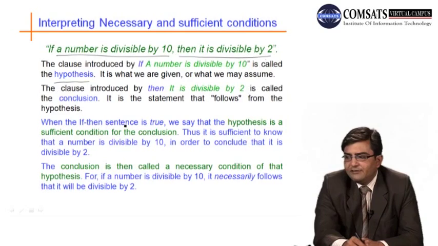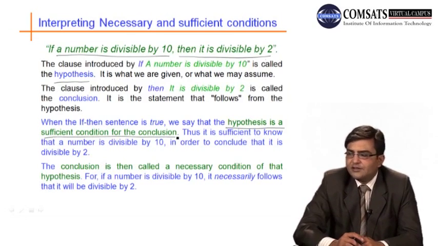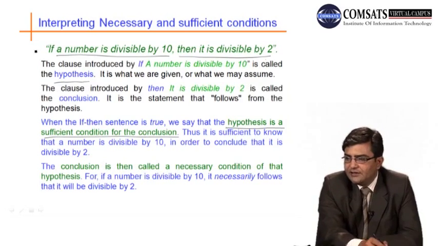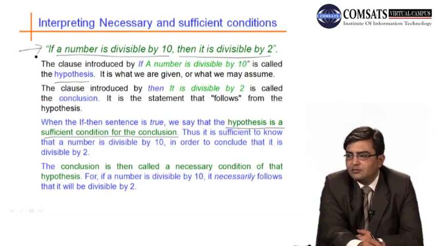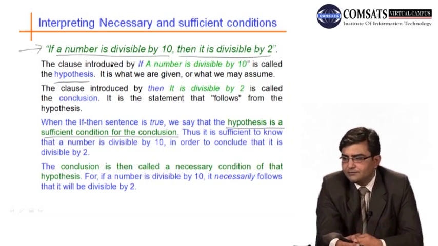So when the if-then sentence is true, we say that the hypothesis is a sufficient condition for the conclusion. If the if-then statement as a whole is true, then we say that the hypothesis is a sufficient condition for the conclusion.